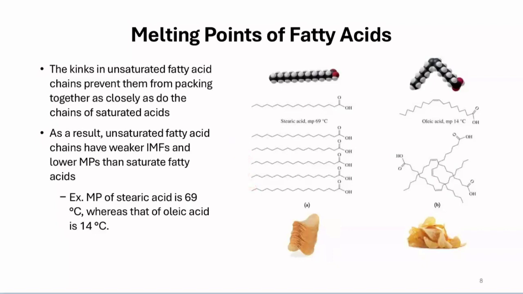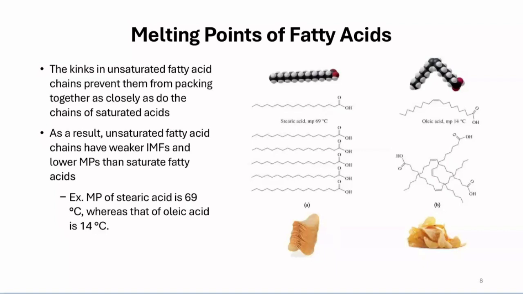In the case of unsaturated fatty acids, since they have a carbon-carbon double bond, and you can see the cis configuration of it, these molecules are not going to have the packing ability that saturated fatty acids have.